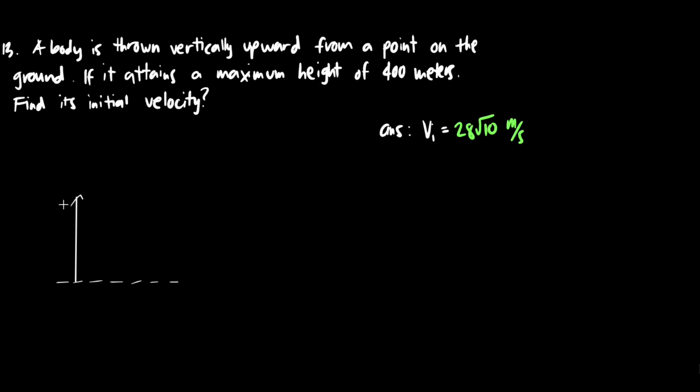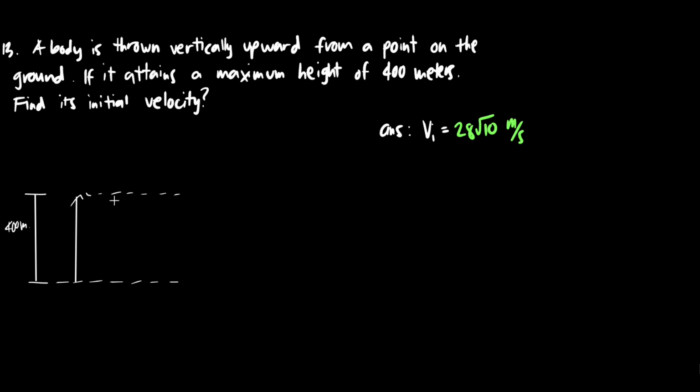If it attains a maximum height of 400 meters, so let's say this height here is 400 meters, then find its initial velocity. So this is the maximum height.